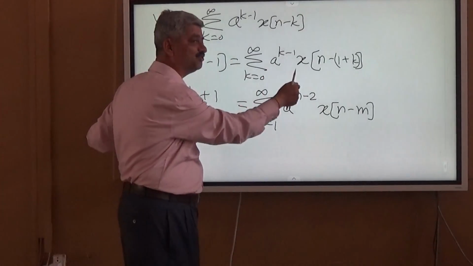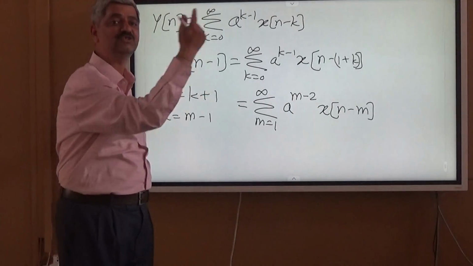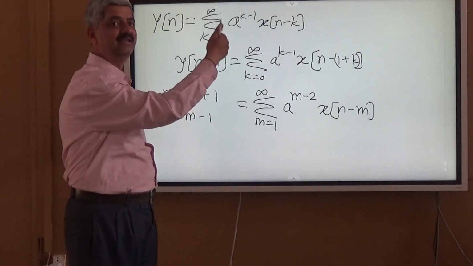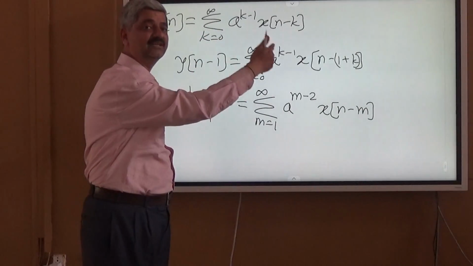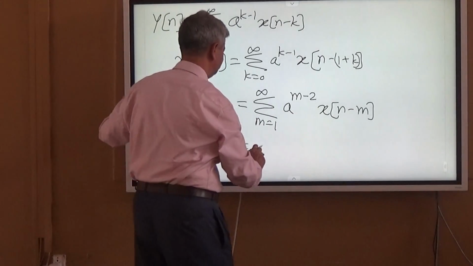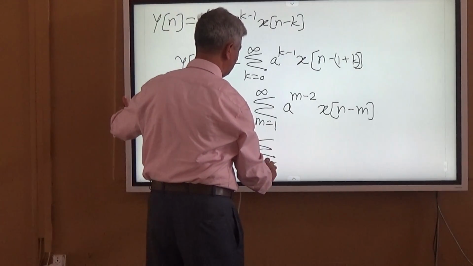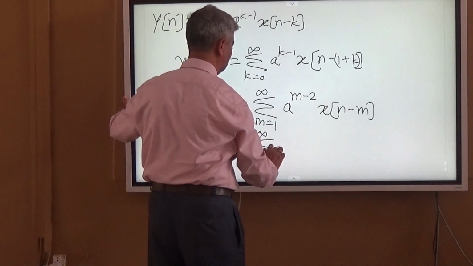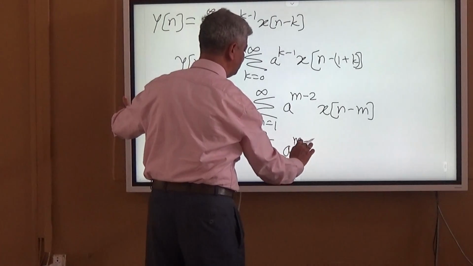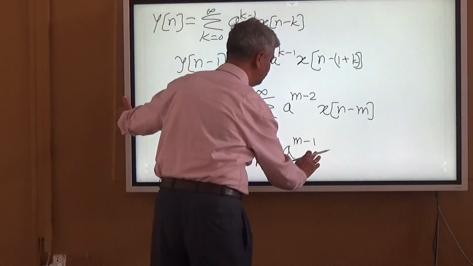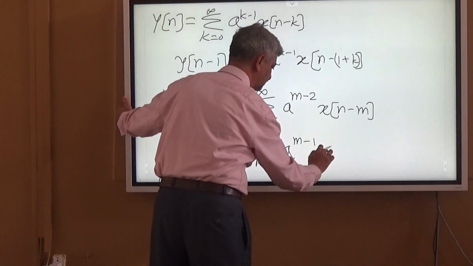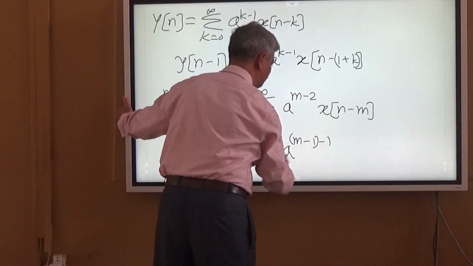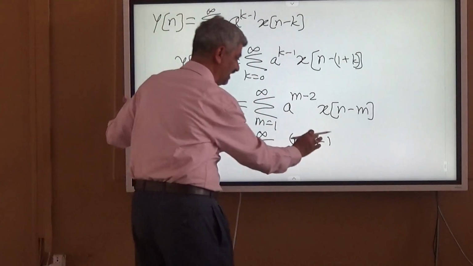That is, m minus 2 is m minus 1 minus 1. And a raised to something plus something is a raised to something into a raised to some other thing. So this becomes summation m equal to 1 to infinity a raised to m minus 1 into a raised to minus 1.